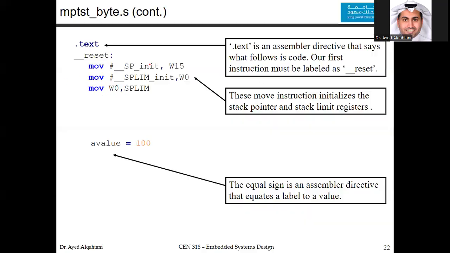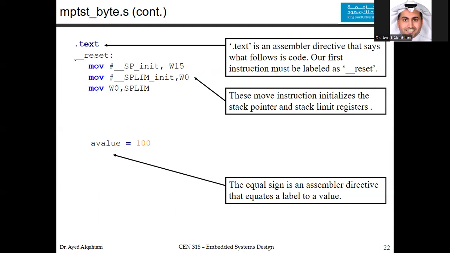To highlight it more, you have the dot text directive, which is saying that what follows is the code. So you should look for the labels after that. Our first instruction must be labeled as __reset, since you defined it as the global label.